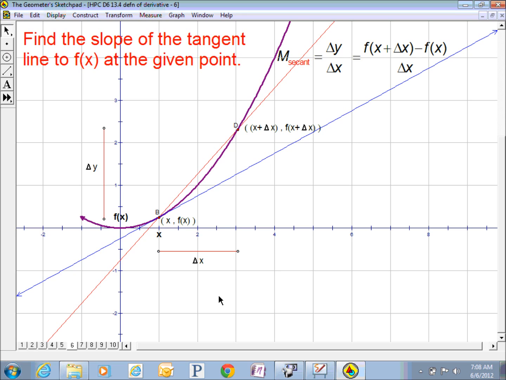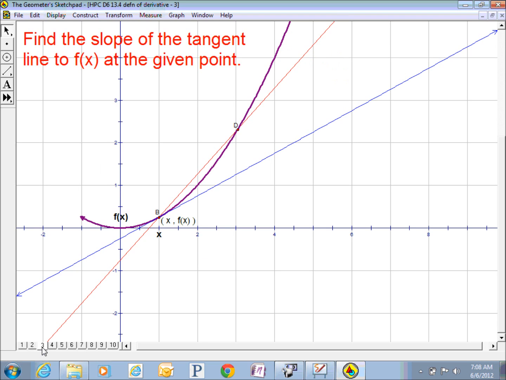Now how well does the red line approximate the blue line? Not very well. How could we make it more accurate? Think about that for a second. Well, I'm going to go back to this one really quick because it makes it really clear. Did I have to put D where I put D? What if I would have put D closer to point B?